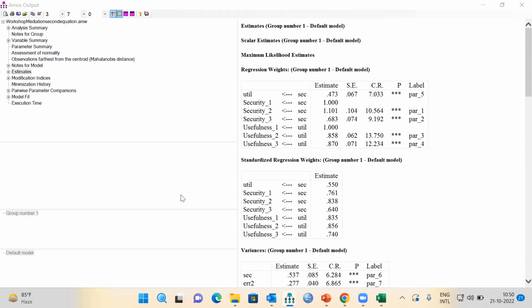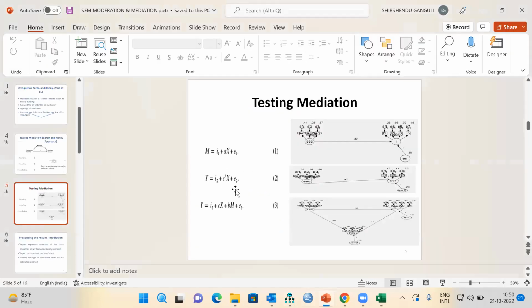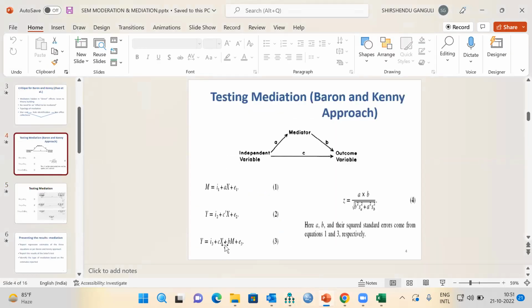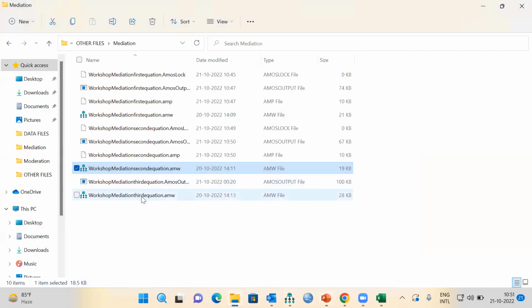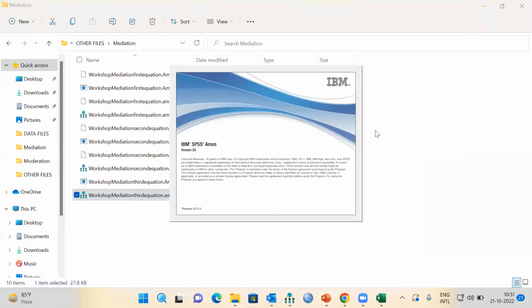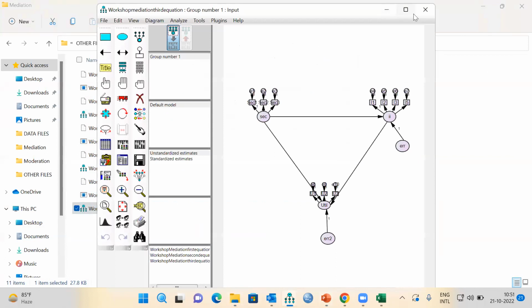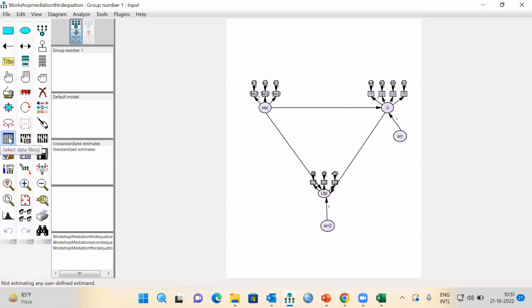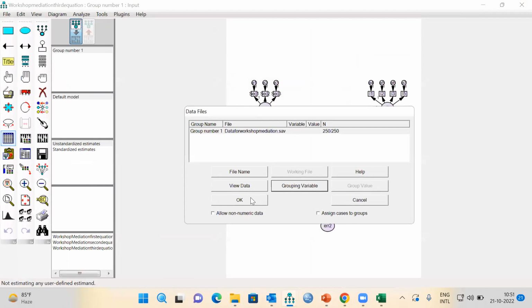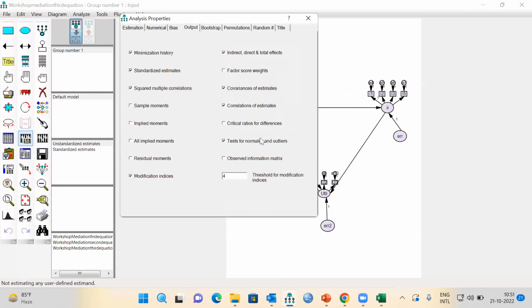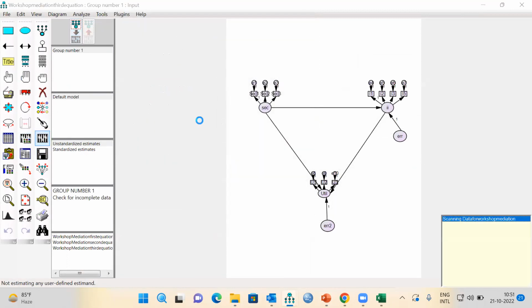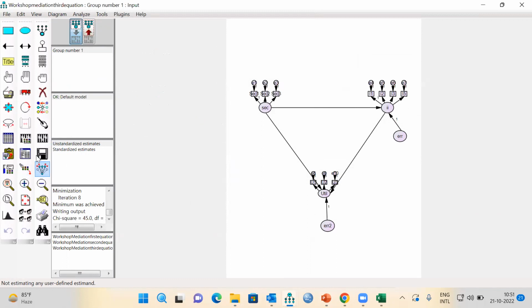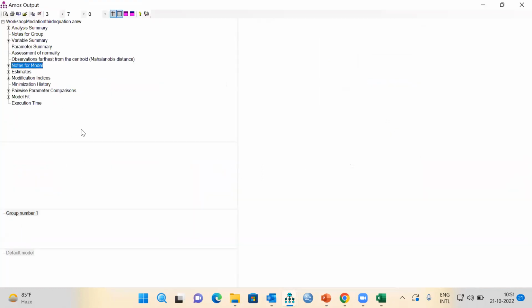After you have done these first two equations, you look at the third equation. The third equation will be like this. In the same way, you select your data file, look at the output properties, run the analysis and go to the output.